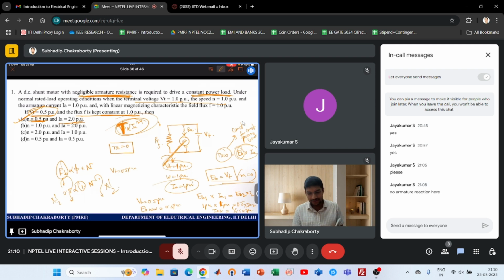That's why we are assuming the flux to be maintained constant. You can ask me how the flux can be maintained constant. It is very easy. You can just change the field resistance. Voltage became 0.5, you can change the field resistance and maintain flux constant. Those things can be done, right? Clear? I can move to the next problem, right?